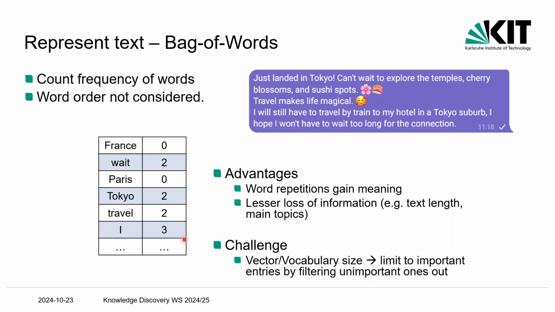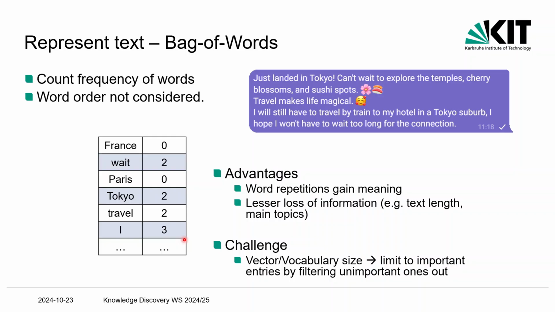As such, if we train a model based on this kind of representation, in a certain way we could also have the length implicitly encoded in it. But we still have an issue that word order is not considered.